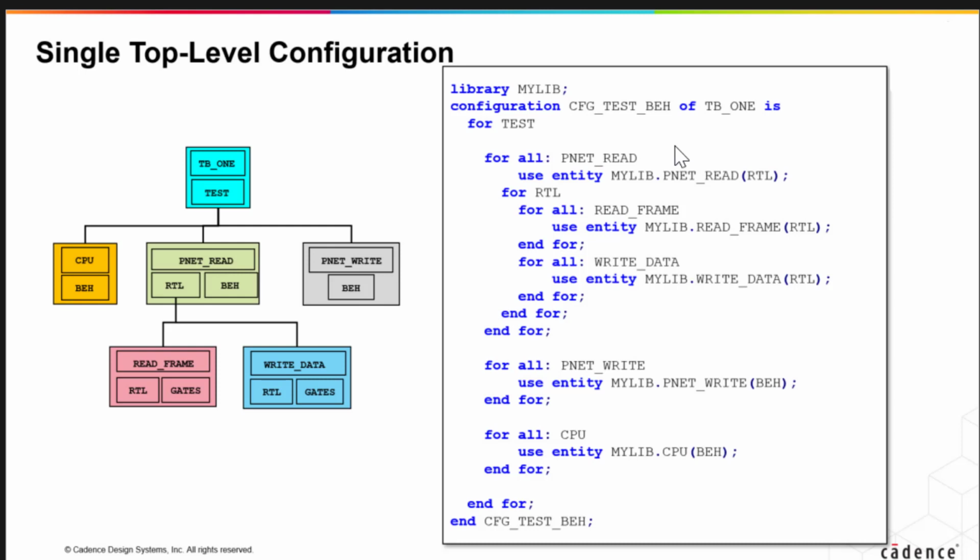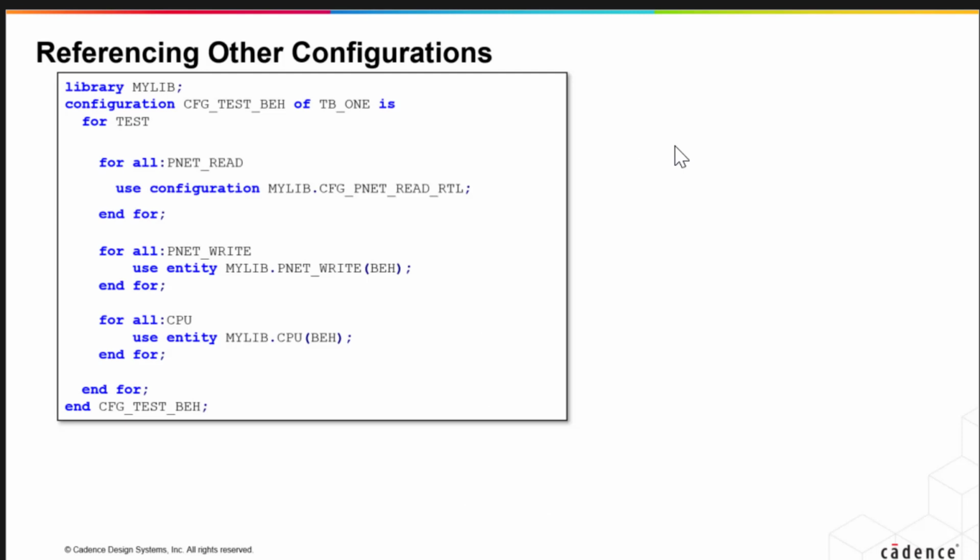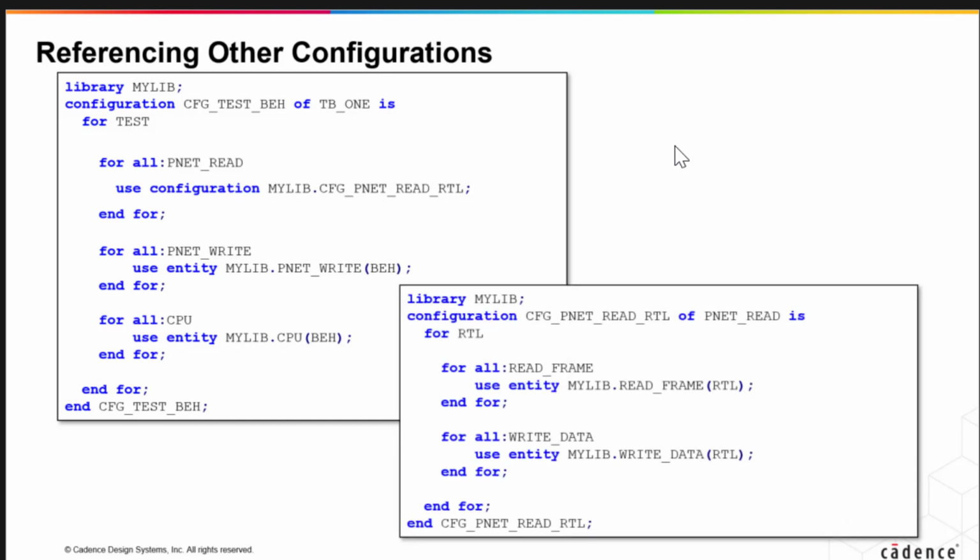In Style 2, we see that we can reference other configuration design units in a configuration statement. Here the configuration of the architecture RTL of pnet read has been created in a new configuration design unit, configuration pnet read RTL. In this design unit, we specify the entity architecture pair to be used by the read frame and write data component sockets.